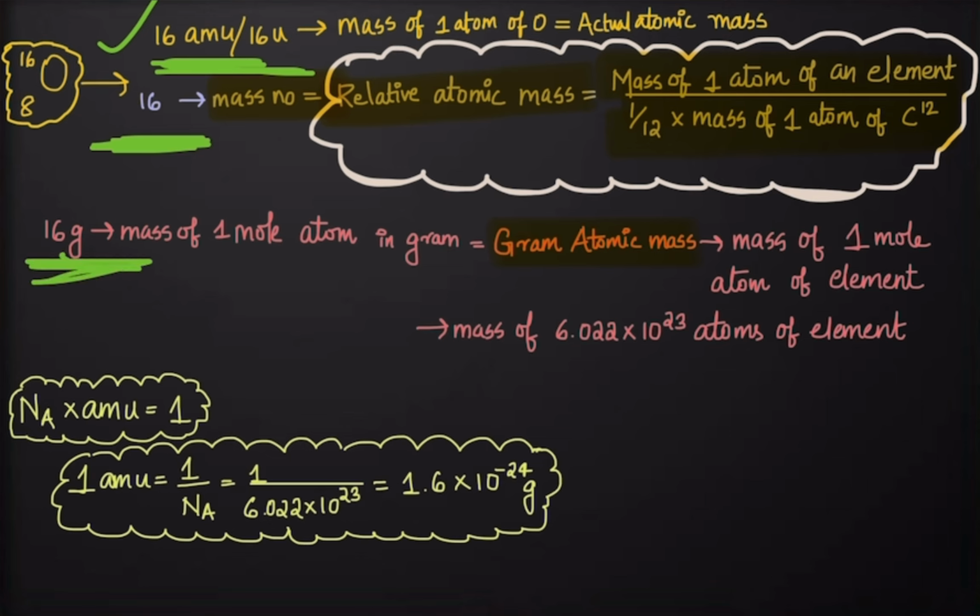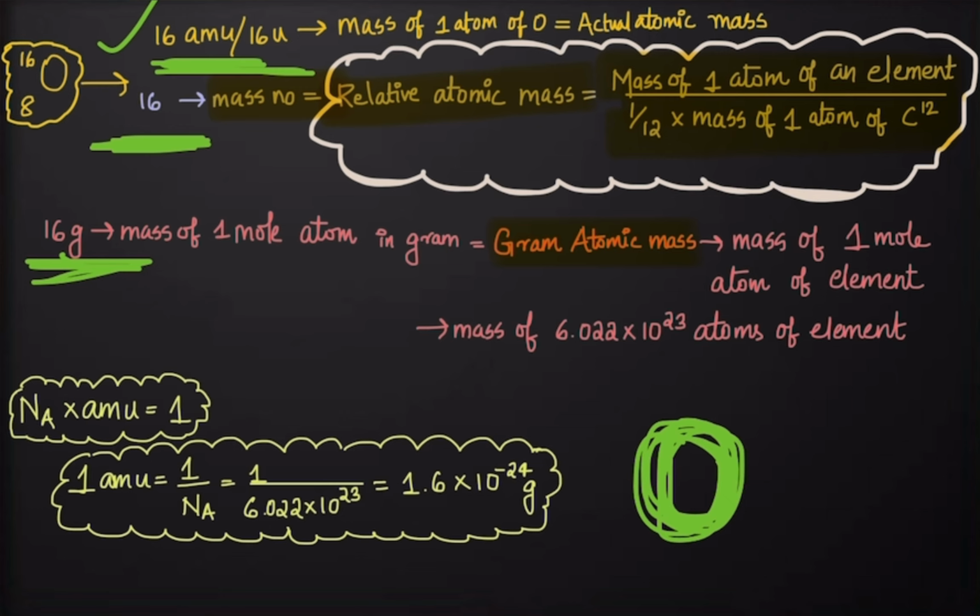Okay, three different things. 16 AMU or 16 U is the mass of one atom of oxygen. One atom of oxygen has the mass 16 AMU or 16 U.